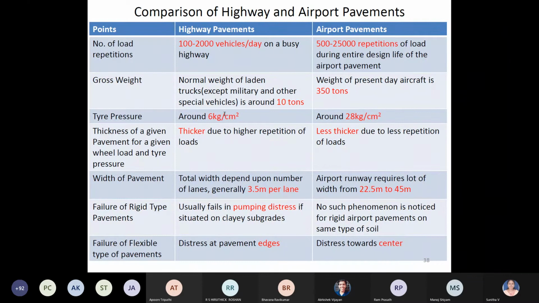So the gross weight from an individual vehicle on a highway pavement is less, but in an airport the weight is very high.